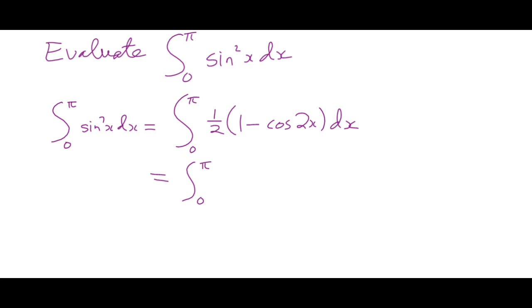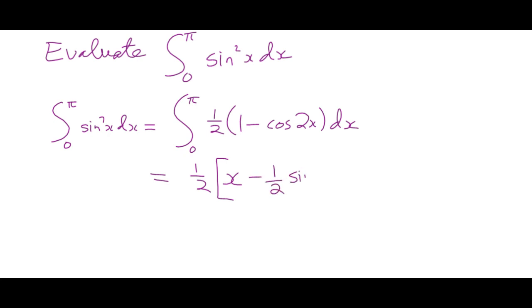Well, actually, we can evaluate that now. So this is doable. I mean, we can find that integral. There's no U-substitution. Well, it is kind of implied, but easy. So the integral of 1 is x. Integral of cos 2x, you could do a U-substitution on the 2x, but we're not going to do that. No point.